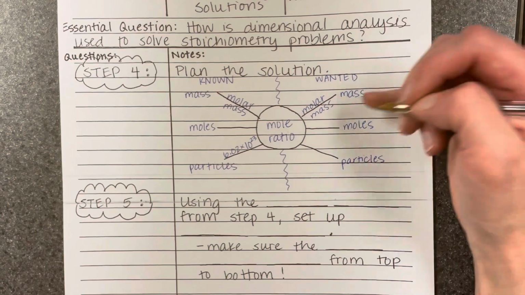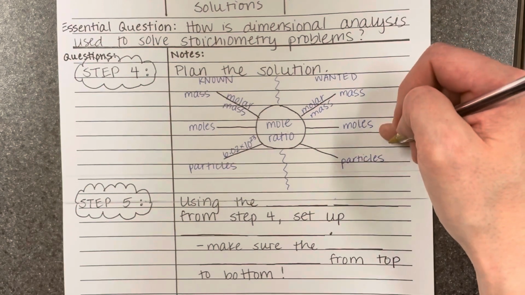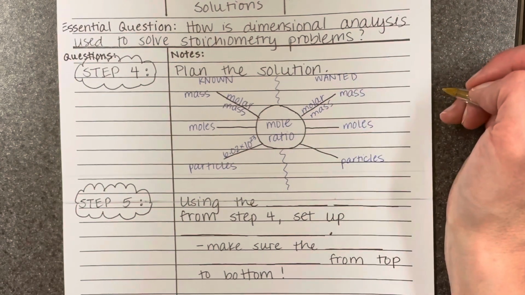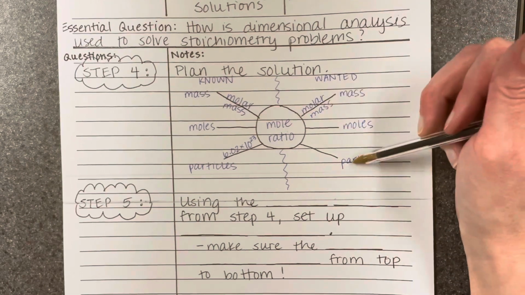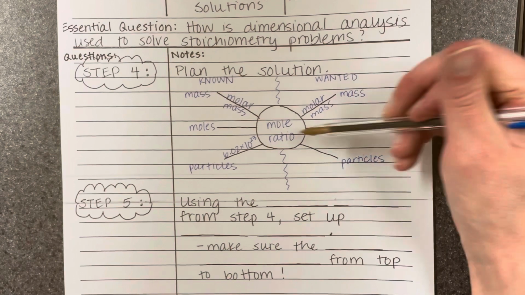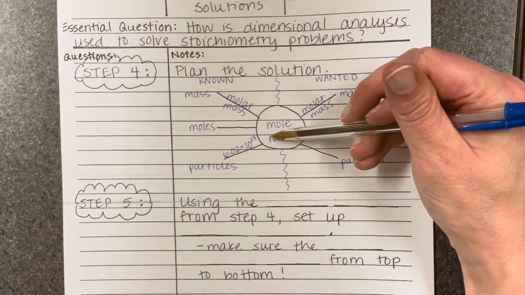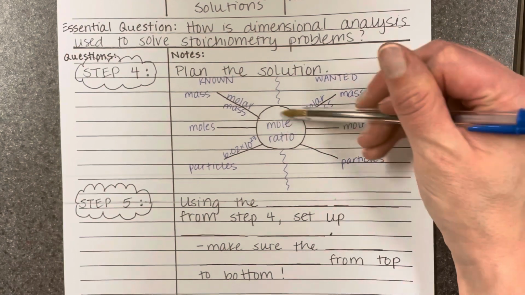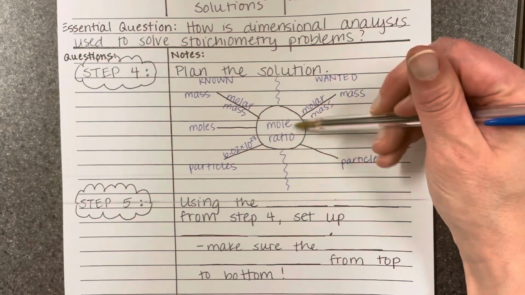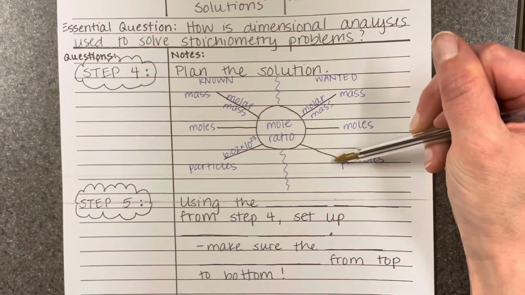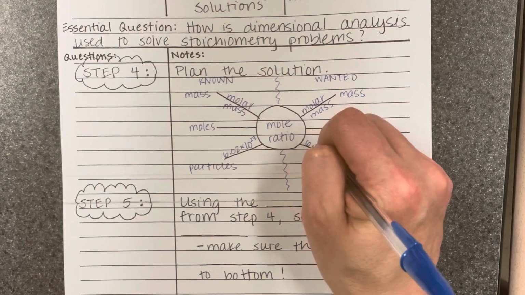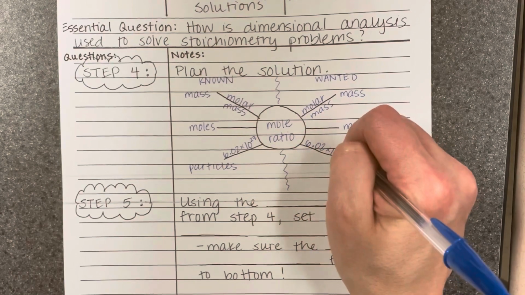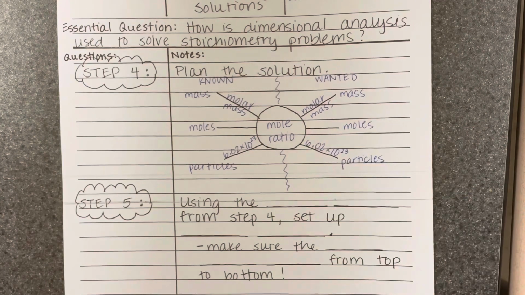If I need my wanted substance in units of moles, I'm done after the mole ratio because that's exactly the unit it's in. If I need my answer in units of particles, then after I use the mole ratio to connect those two different substances, I can turn my wanted quantity into particles, again using the conversion factor of Avogadro's number, 6.02 times 10 to the 23rd.